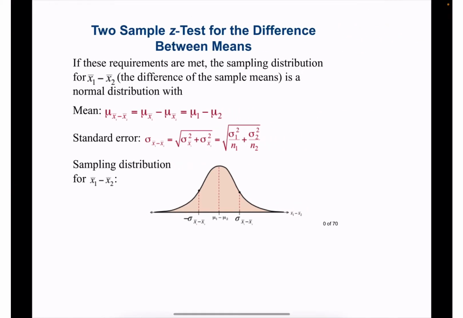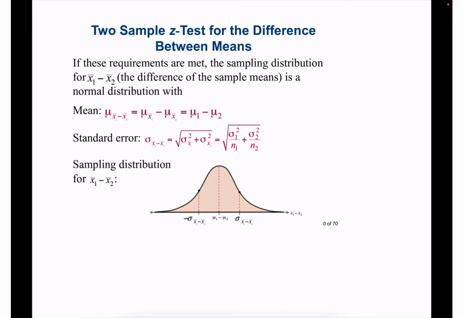Next. Two sample z-test for the difference between means. Let's start. If these requirements are met, then the sampling distribution for x1 minus x2, the difference between the sample means, is a normal distribution. So what do we test?